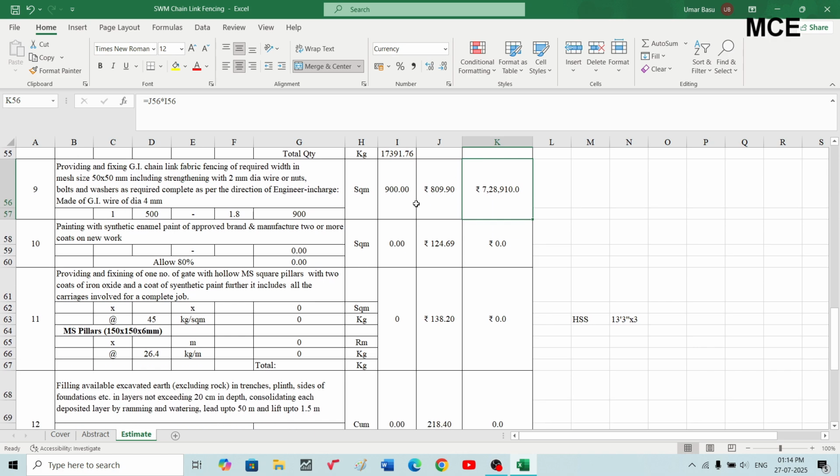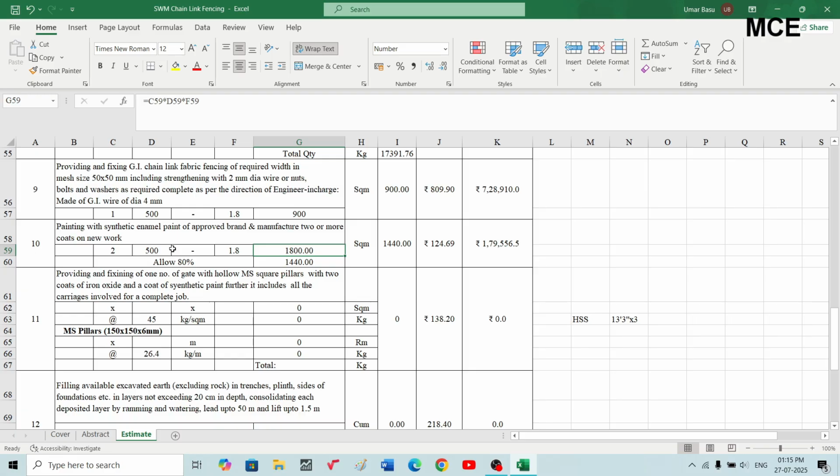7,28,910 Indian rupees. Okay, after that you have to paint it with synthetic enamel paint of approved brand and manufacturer with 2 or more coats. So again it will be 2, that is on front and back side, 2 into 500. Height will be 1.8, which is 1800 square meters.